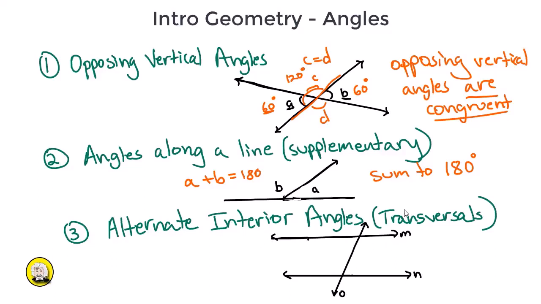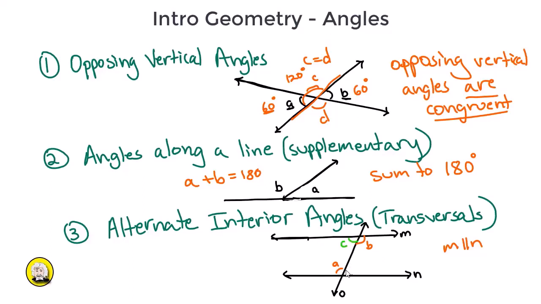Well, what do we mean by a transversal? Essentially, when M is parallel to line N, then any line that crosses over and intersects the both of them, in this case O, forms the following angles. Angle A and angle B are alternate interior angles. They're on alternate sides of the transversal, and they're both inside the two parallel lines.